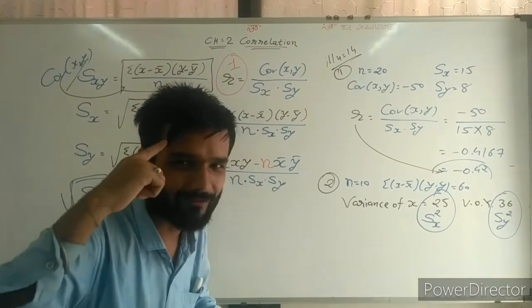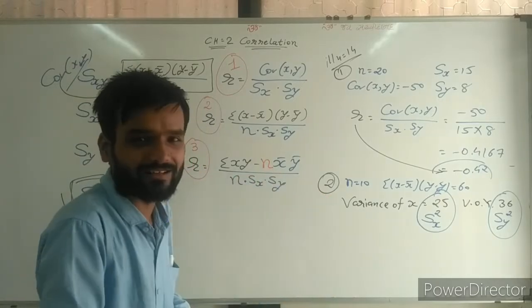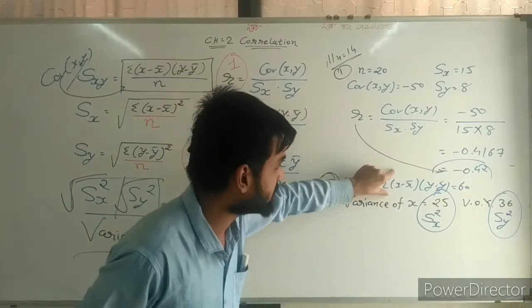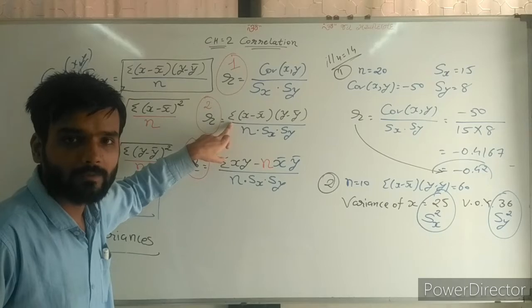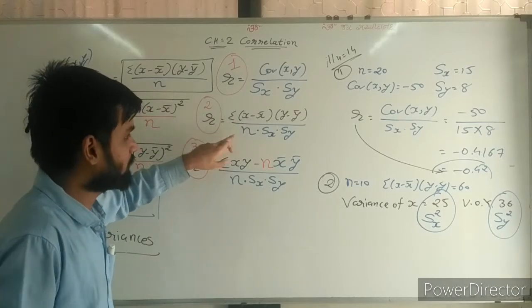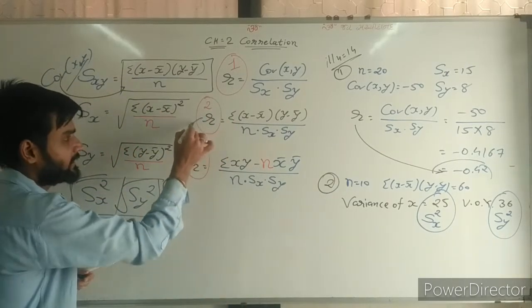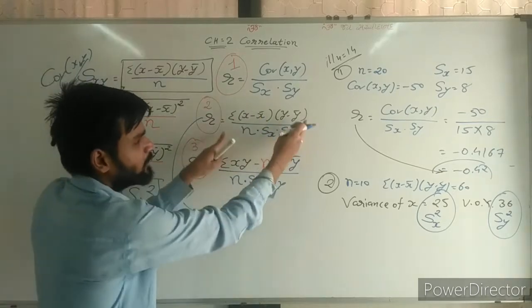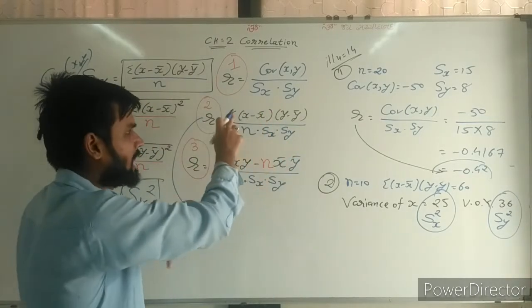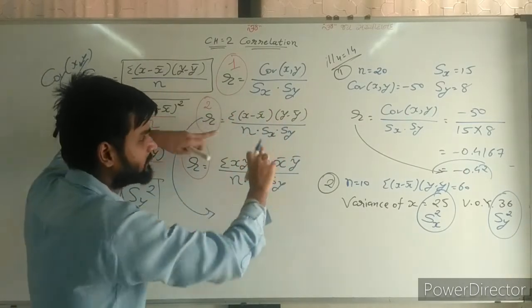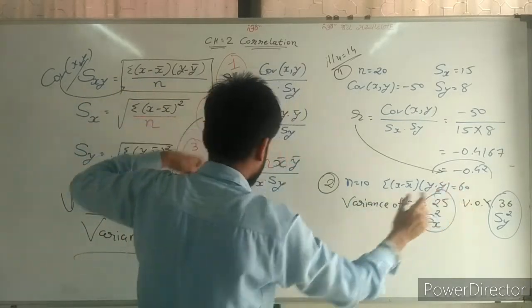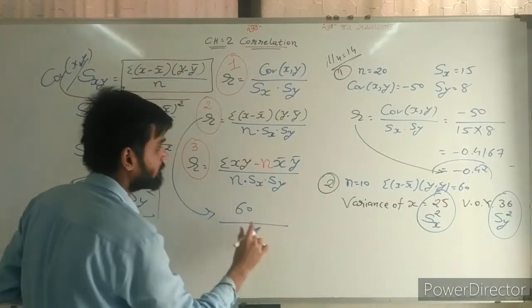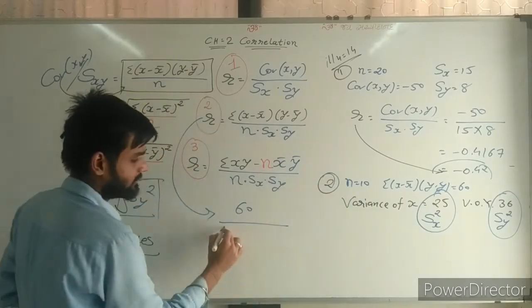Now, sir, remember which formula we are applying here. Sigma of x minus x bar into y minus y bar, this formula. Now we are replacing the values in this formula: 60, and n is equal to 10.